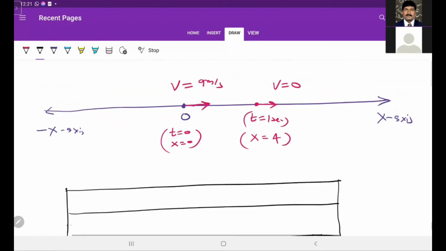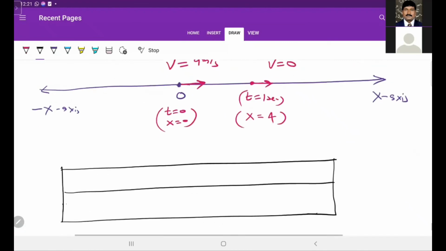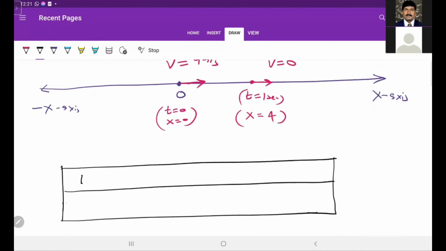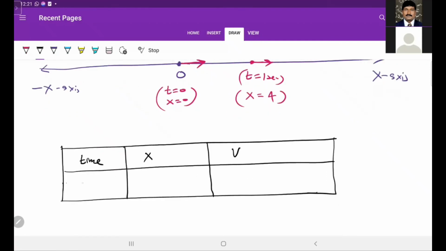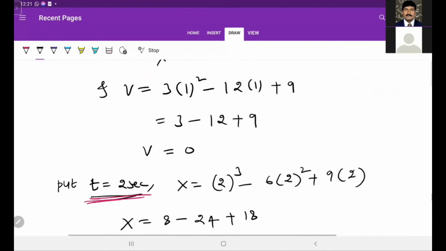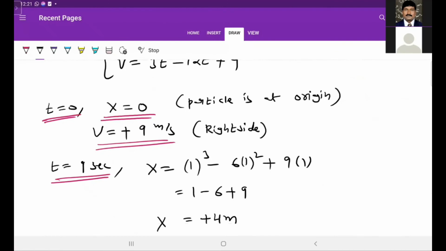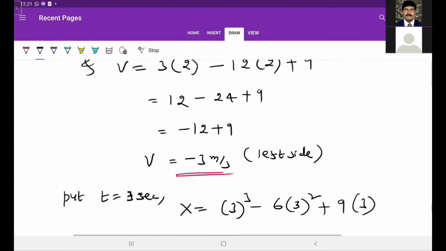See, velocity, position and time. So this is time, this is position x and this is velocity v. At time t = 0, if I put time t = 0, we got x = 0. Velocity we got plus 9, right, in the box.